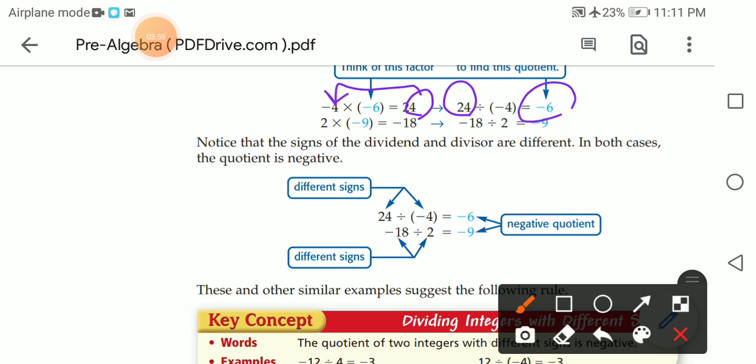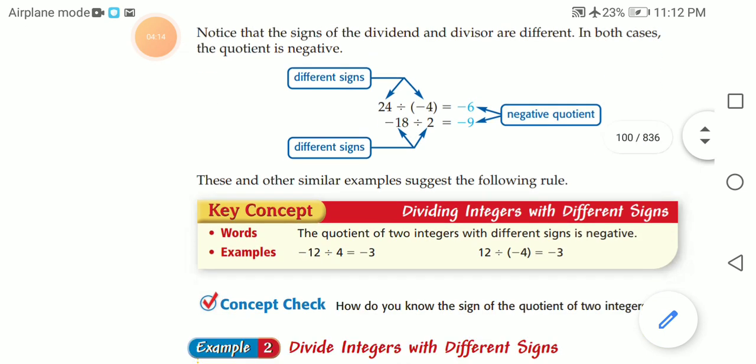Notice that the signs of the dividend and divisor are different, and in both cases the quotient is negative. It's like the multiplication method: if I have different signs, the answer will be negative.